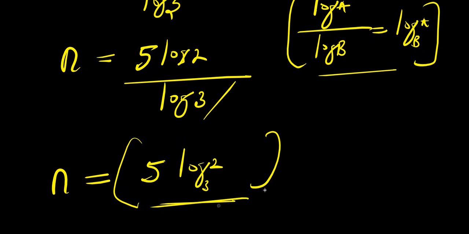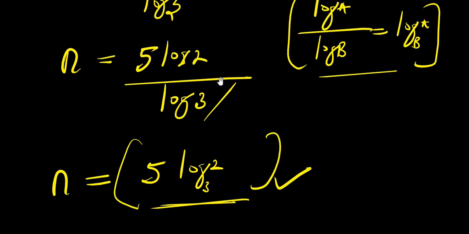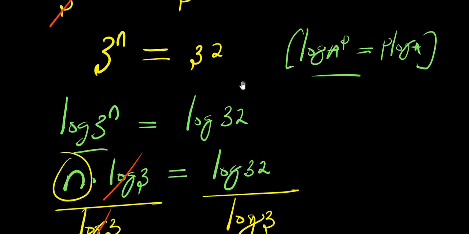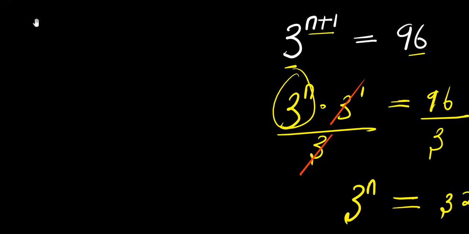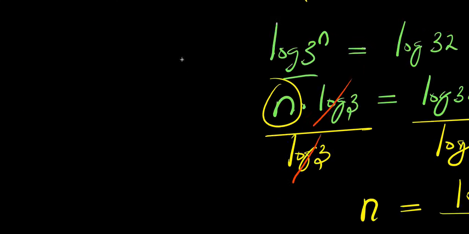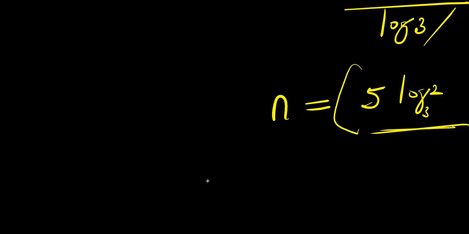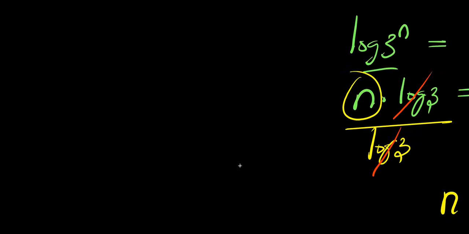So we insert this particular value for n in this particular equation to verify. We have n equals 5 times log 2 to the base of 3.